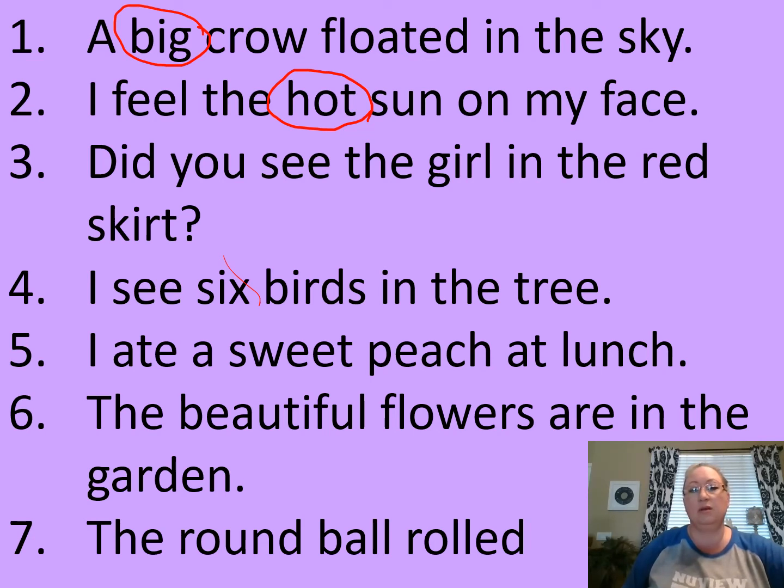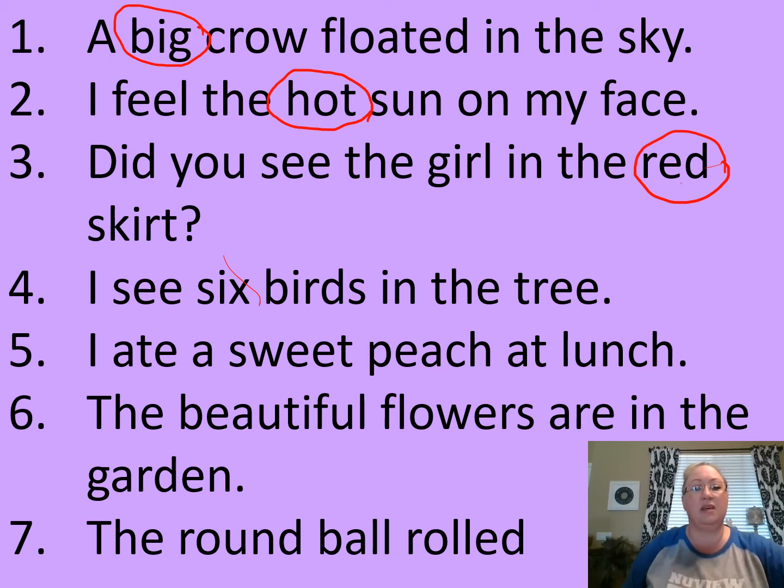Well, there's a thing in this sentence. The girl has a skirt. A skirt is a thing. Is there a word that describes what the skirt looks like? Yes, red. Red is an adjective. Colors describe things.